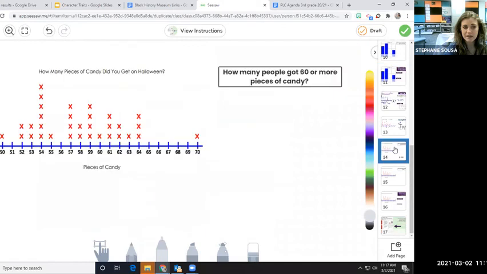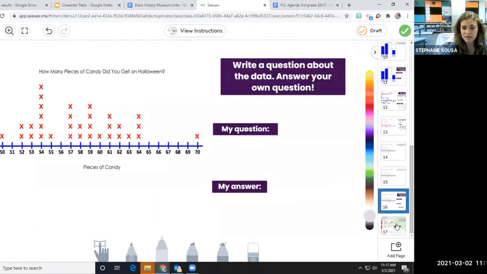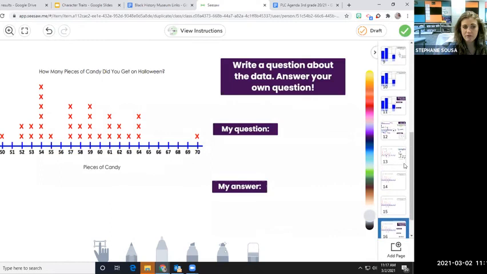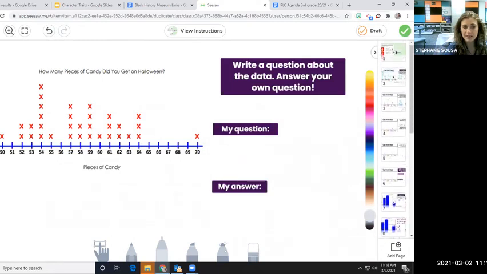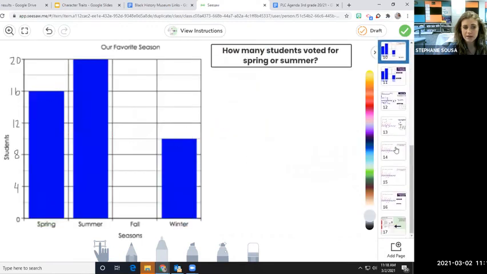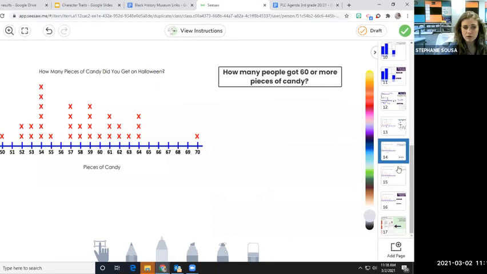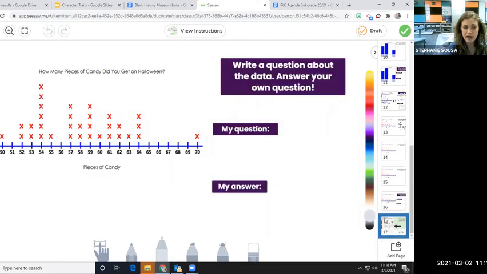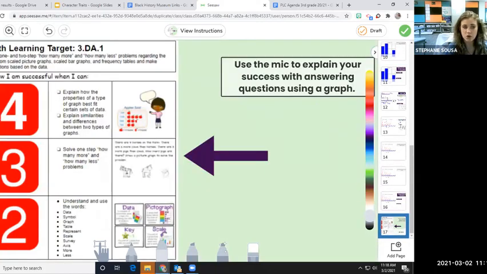And you have 3 slides about line plots, 14, 15, and 16. So when you click this green check today, every single slide should be done. So 2 slides about bar graphs, 2 slides about pictographs, 3 slides about line plots, and as always, your success criteria. That is your assignment for today.